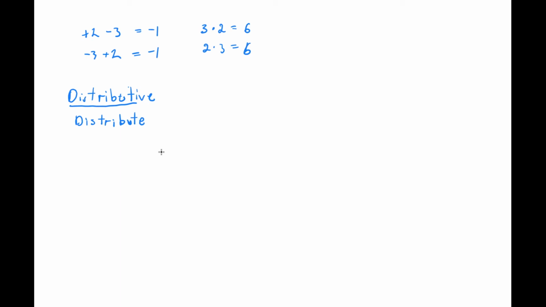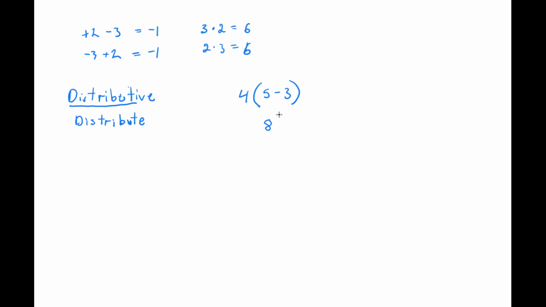And I'll give you a little distributive property illustration here. If we have 4 times 5 minus 3, what we typically would do with this is we would solve and say 5 minus 3 is 2, and then 4 times 2 is 8, right?